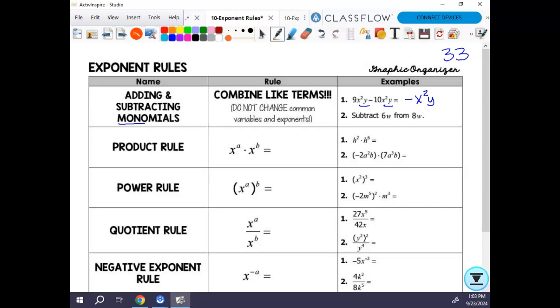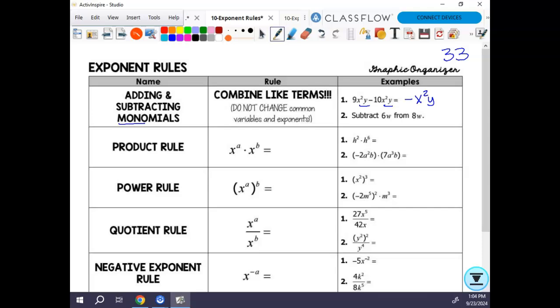Then it says subtract 6w from 8w. The thing that worries me about sentences like this is that a lot of students will say things backwards. Like if I have two angles in a triangle and I want to figure out what the third one is, I add the first two together, and then students will say, then you subtract 180.